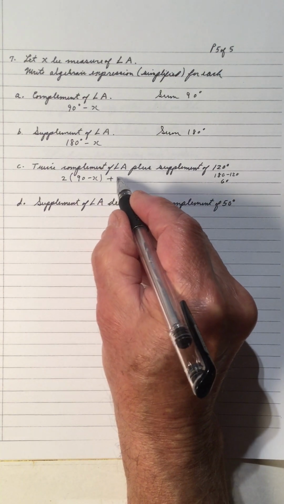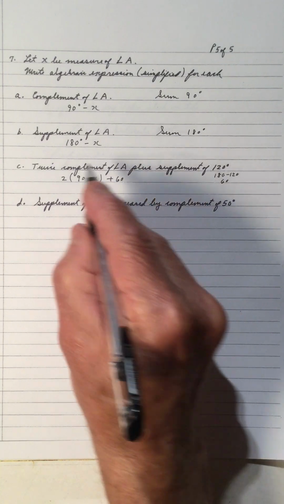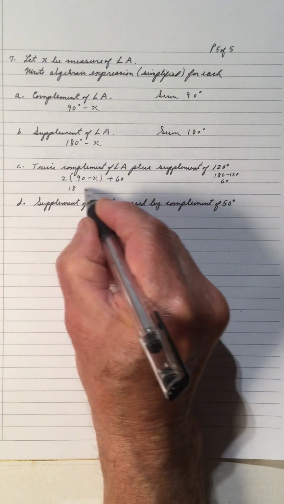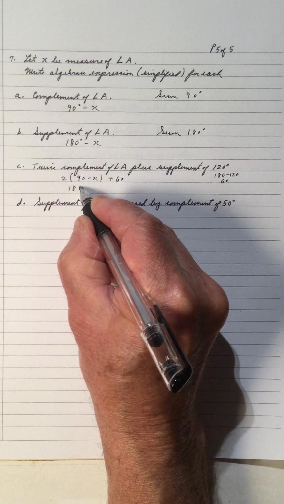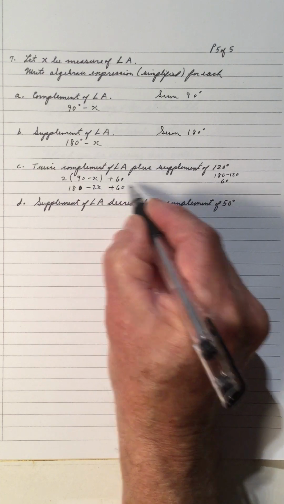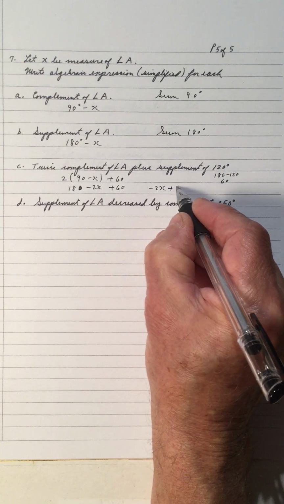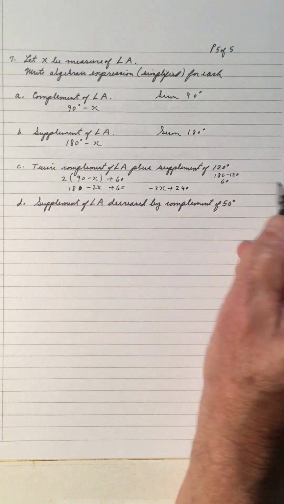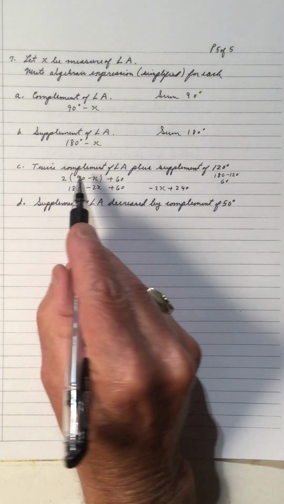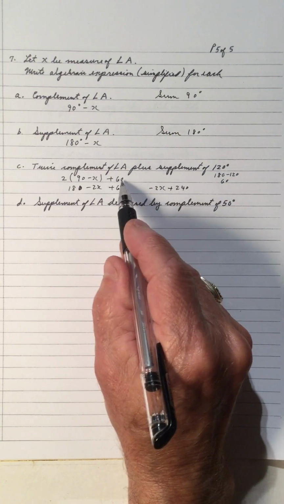So plus the supplement, the supplement of 120 is 60. So that's 180 minus 2x plus 60. So that simplifies to negative 2x plus 240 degrees. Twice the complement plus the supplement. The supplement is 60.